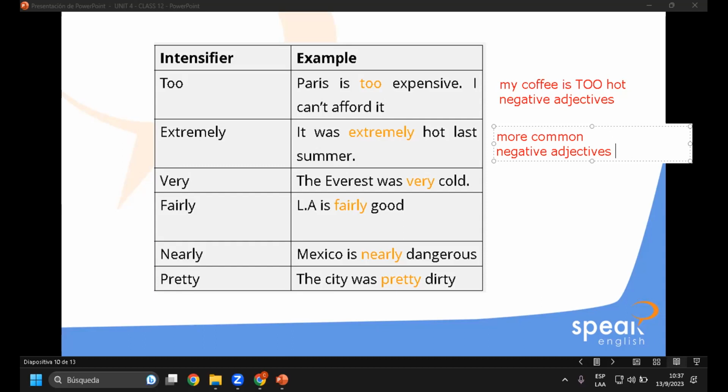What else? Another sentence using extremely? Some streets of my city are extremely cramped. Cramped.